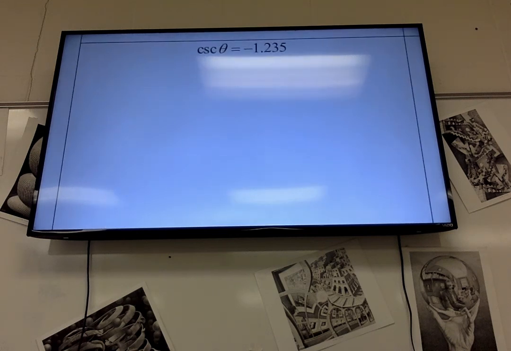Cosecant, what do I gotta do first with this one? Change it to sine. So the sine of theta is equal to, how do I do that? 1 over. There you go, Megan, thank you. 1 over negative 1.235. It doesn't matter where you put the negative.